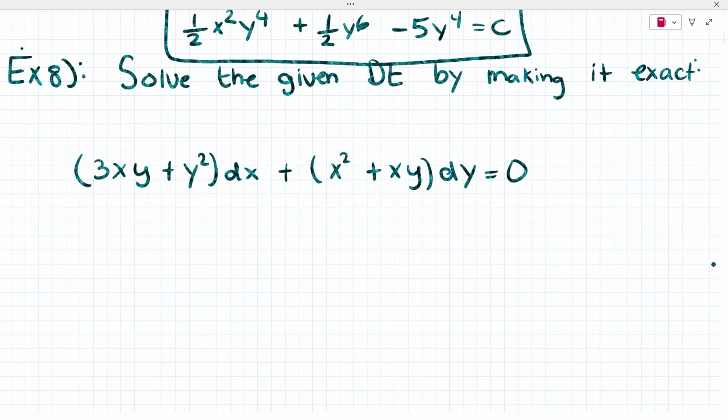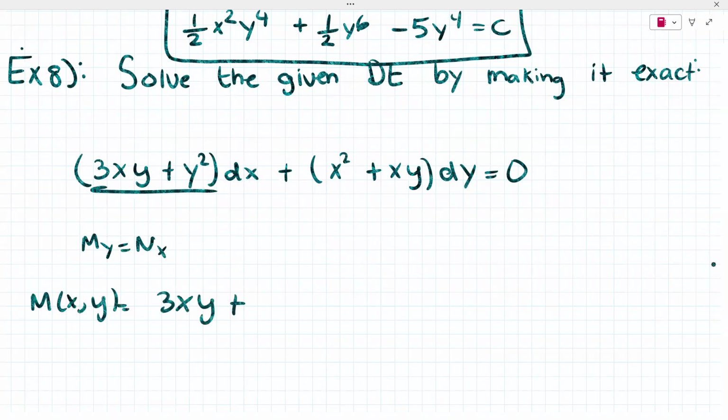does the M of y equal N of x? I don't think so, because M of xy is this whole thing, 3xy plus y squared. So my M of y is going to be 3x plus 2y.